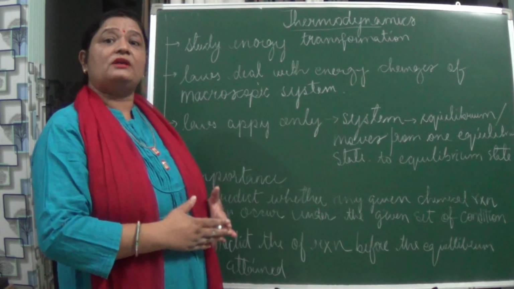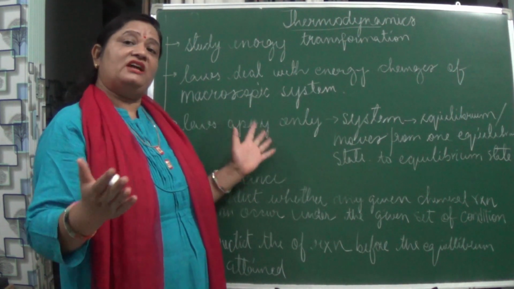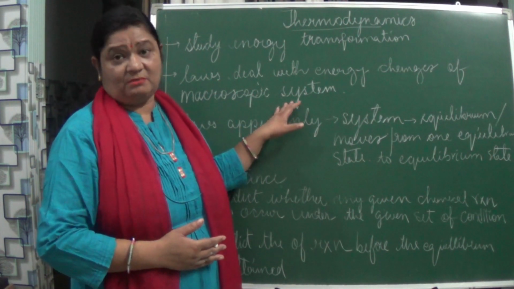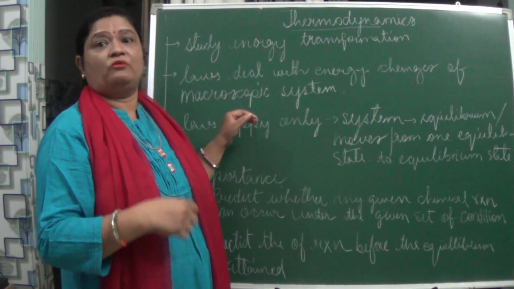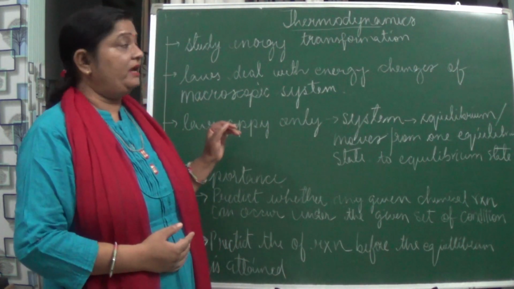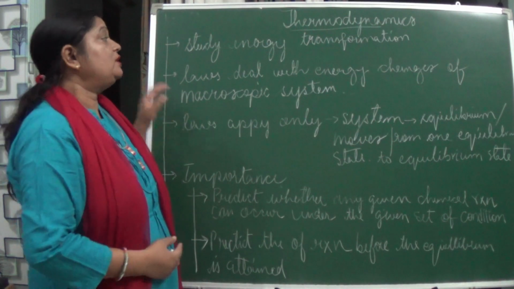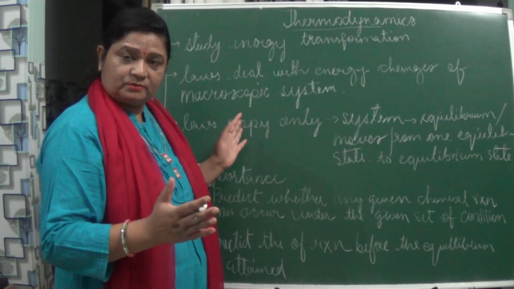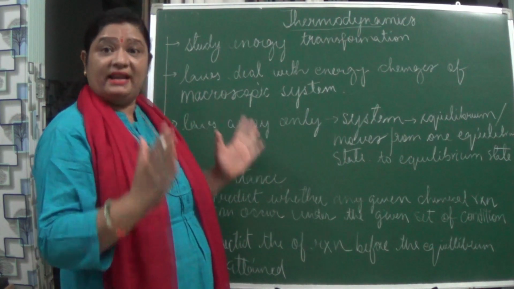We will be studying the bulk. When we talk about the bulk, it becomes a macroscopic system, like temperature, pressure, volume. These are all macroscopic in nature. So the laws deal with the energy changes of macroscopic systems, at a bulk level.